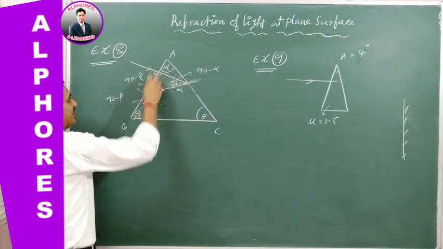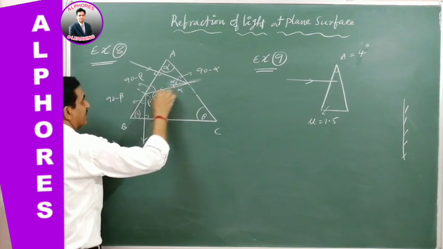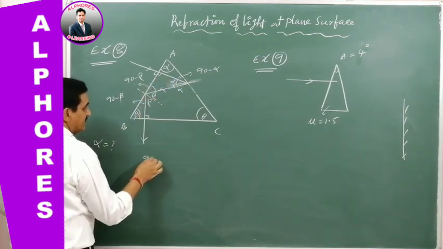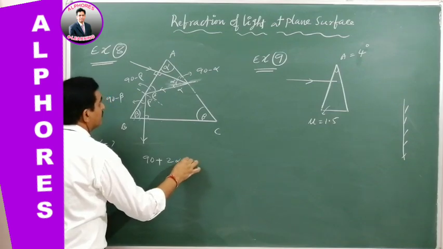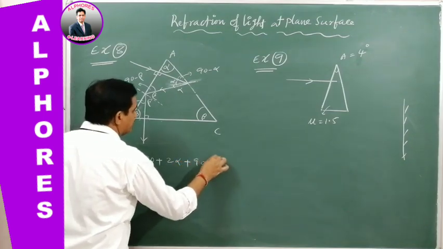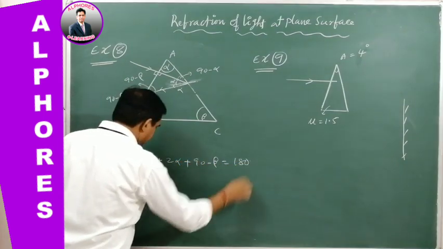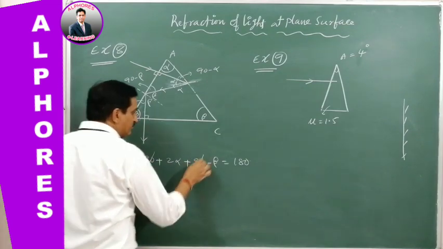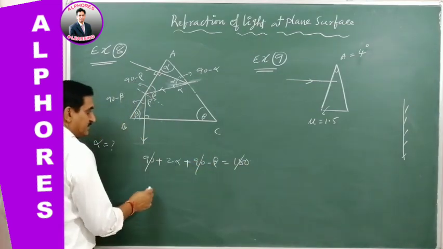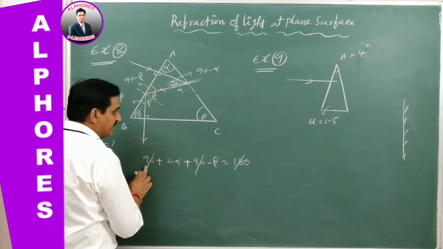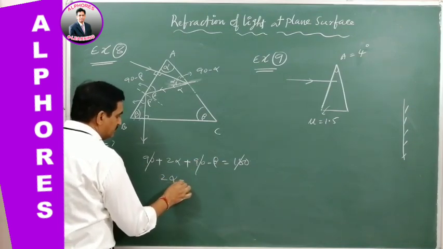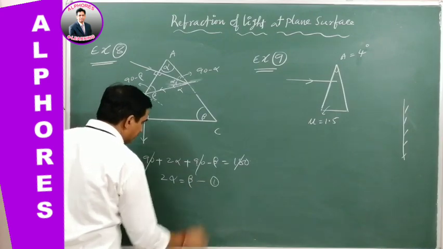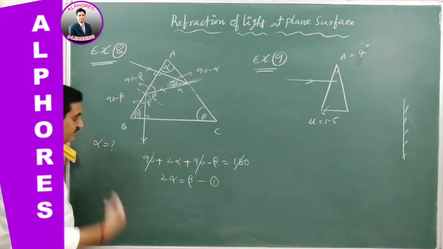Therefore, from this triangle, sum of the angles: 90 plus 2 alpha plus 90 minus beta equals 180 degree. Then these two get cancelled, right? So 90 gets cancelled. Then 2 alpha is equal to beta. This is equation 1.